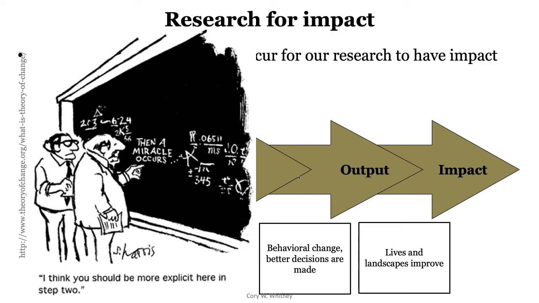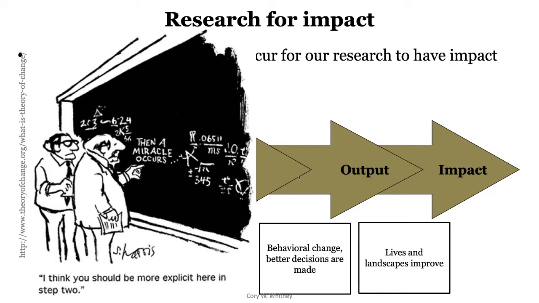But this point here, where our academic papers or our policy briefs make people change their minds, actually change things on the ground, and better decisions are made because of that, this can be seen as a fallacy, really. And here's a joke I like to say about this from theoryofchange.org. In order for the formula to function, really, there has to be a miracle in the middle.